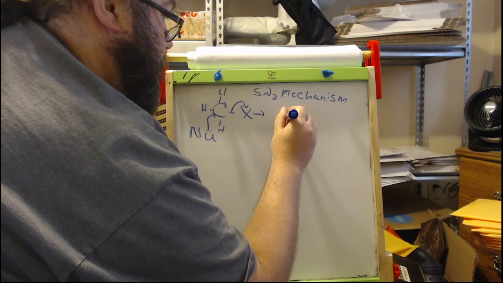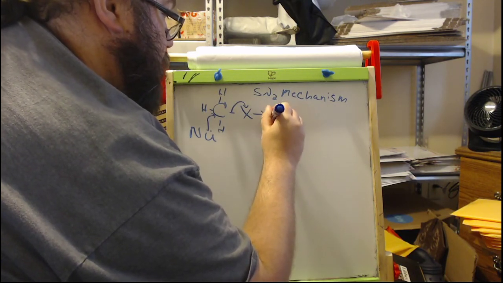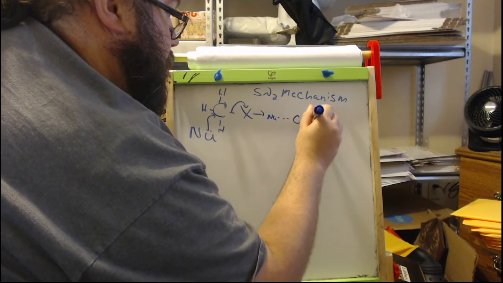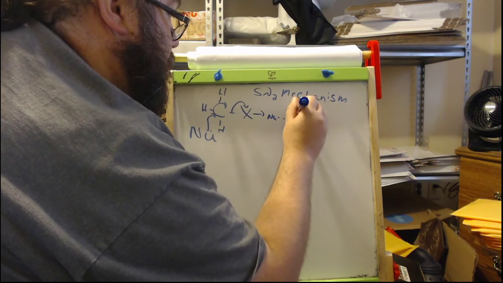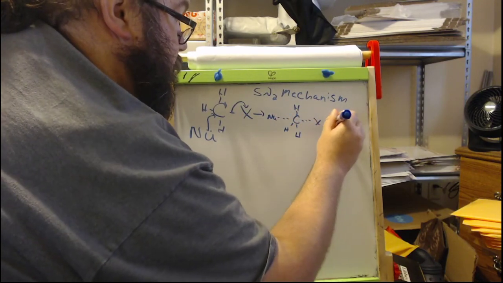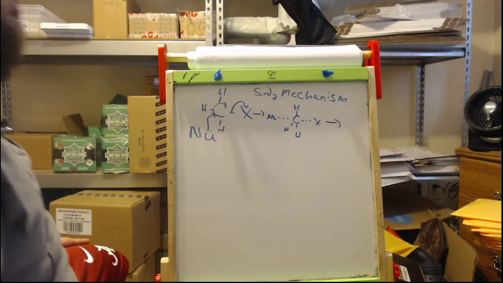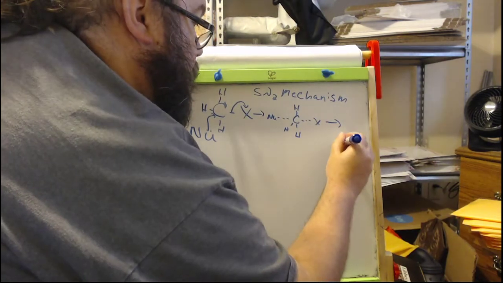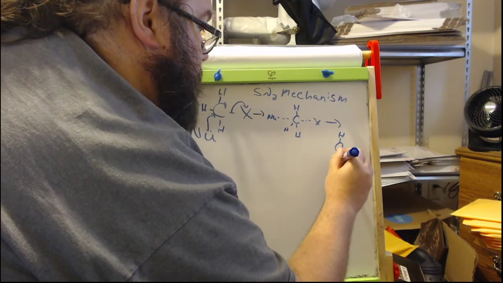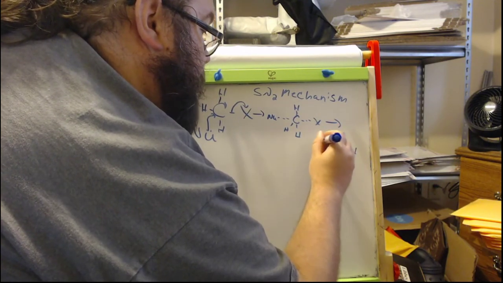Okay? Nucleophile here, carbon there, the bond breaking with the halogen, and my hydrogens all around. It would then yield the following. Carbon bonded to hydrogen, bonded to hydrogen, bonded to hydrogen, with the nucleophile.